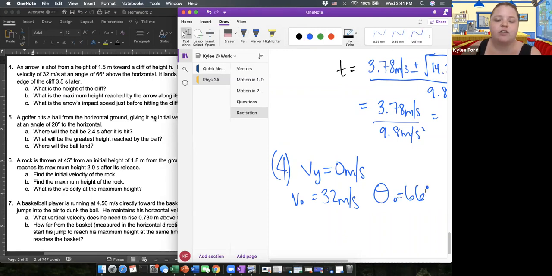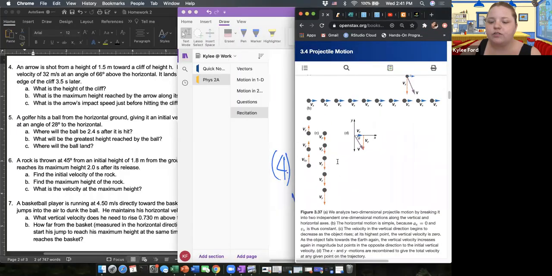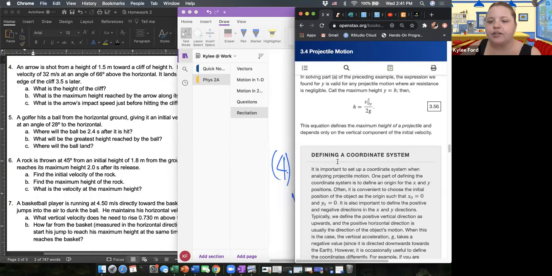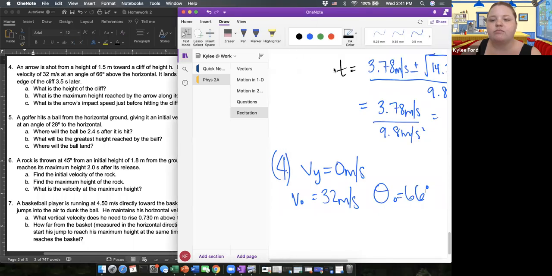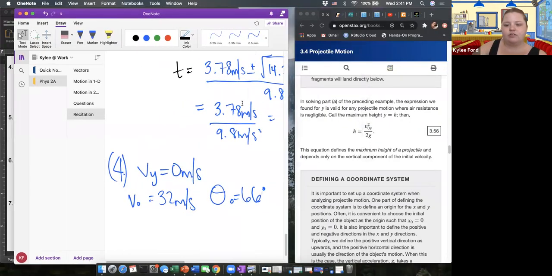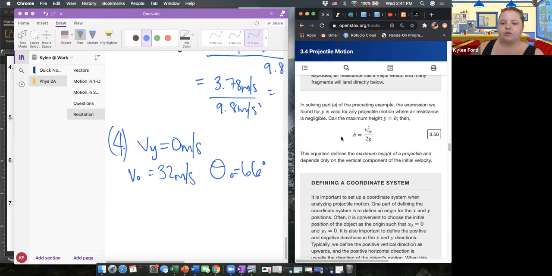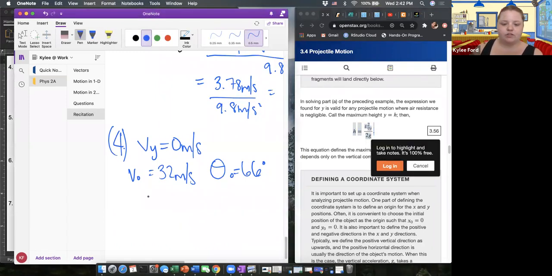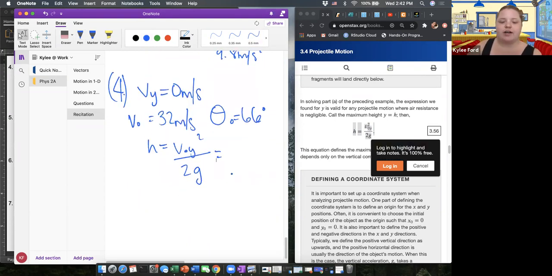For maximum height, we can use this fancy equation down here that I just learned about: H equals V naught Y squared over 2 times G. My V naught Y is going to be V naught times sine theta naught.